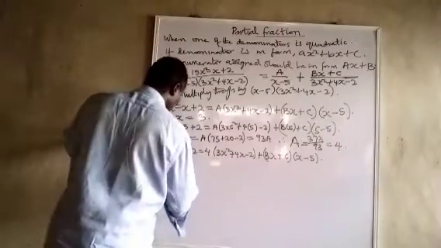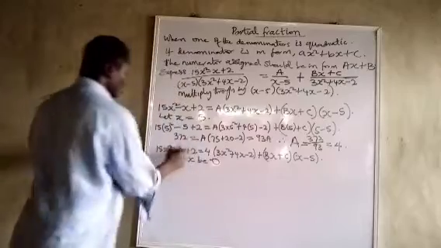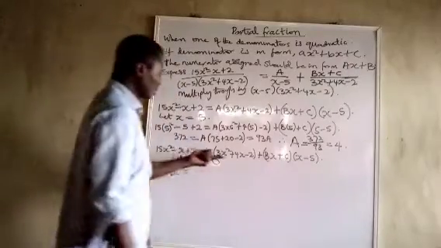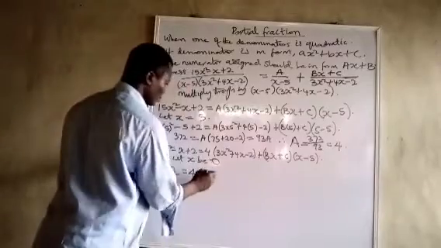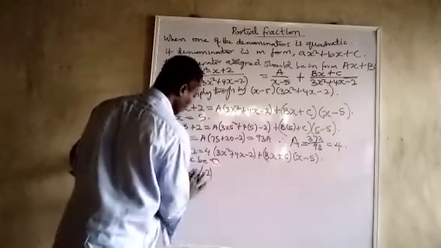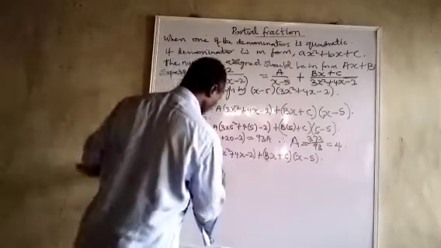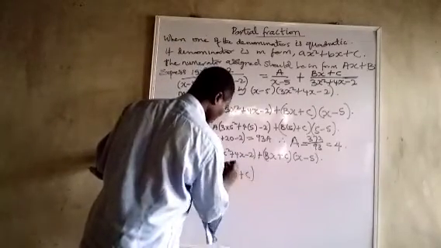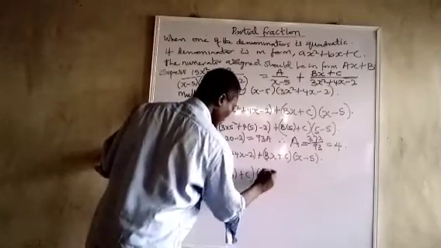Now let x be 0. So this one will be 0, this one will be 0, and it will remain this 2. So on this side, it will remain 4 times minus 2, that is 4 into minus 2, plus c into minus 5.